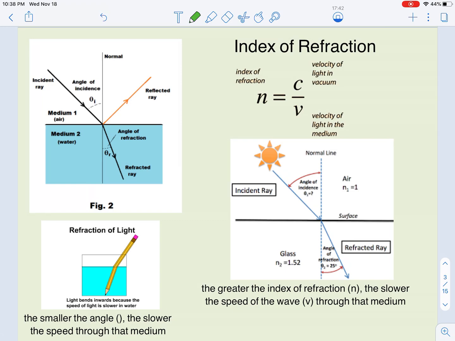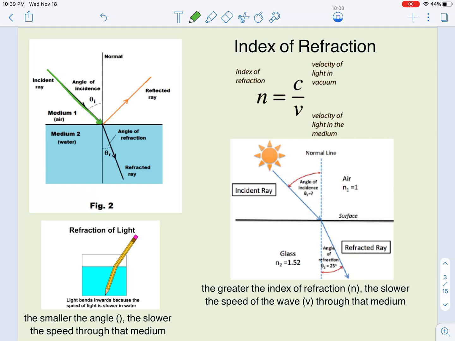All right, so now let's talk about how are we supposed to know what the wave speed is, or how the speed is going to change because of the new material. So there's lots of images going on. Let's focus, for starters, on the top left picture. Here we have an illustration of air and water. You can see that they are labeled medium 1 and medium 2.